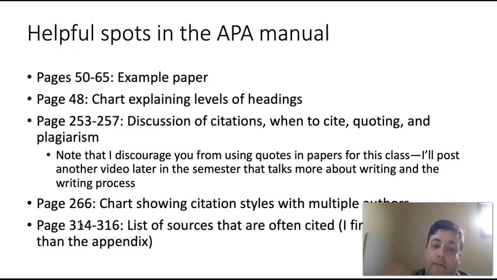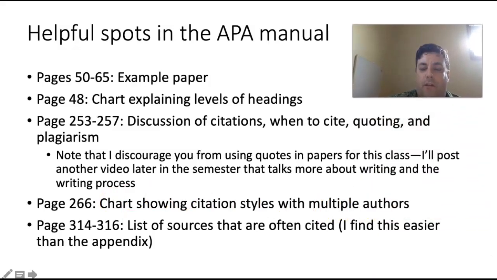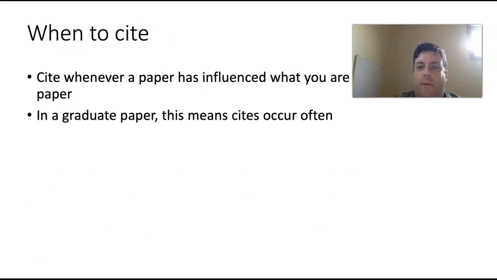The inside front cover and back cover also have some handy reference spots for you. Also, the citation styles with multiple authors is on page 266. And then there's a list of sources that are often cited on pages 314 to 316. I typically think this is easier than the appendix.